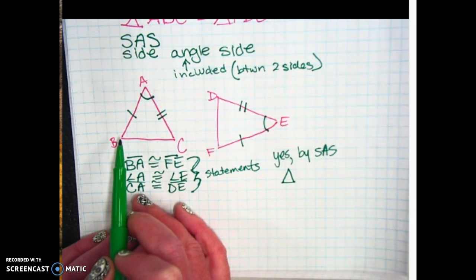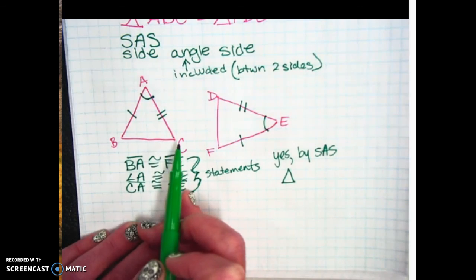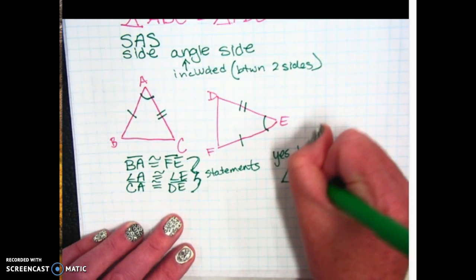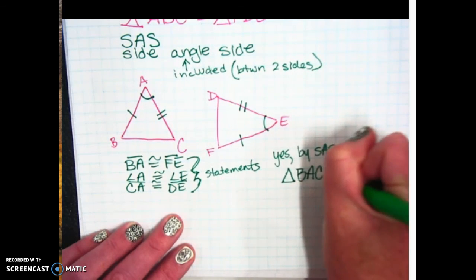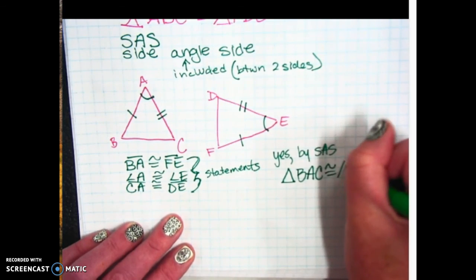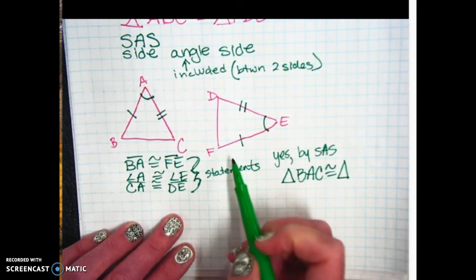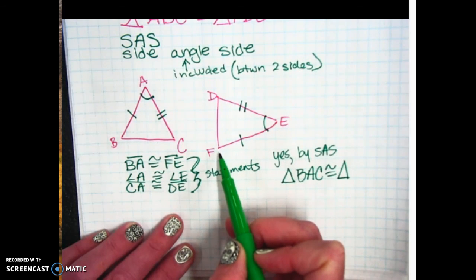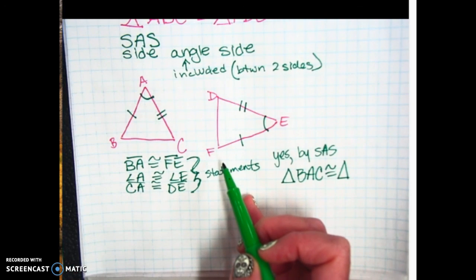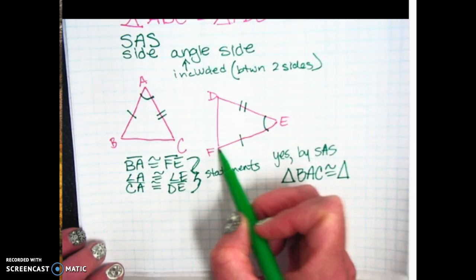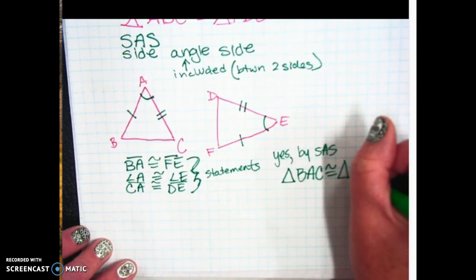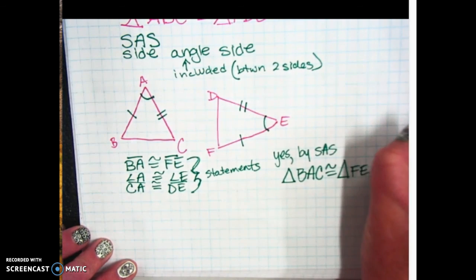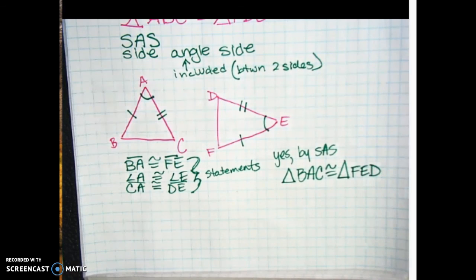So I'm going to say BAC. So triangle BAC is congruent. And then I just have to be careful to go in the same order when I do this triangle, because this is turned as well, right? Turned and flipped. So it's FED. All right? Any questions on that? All right, finish copying it down.